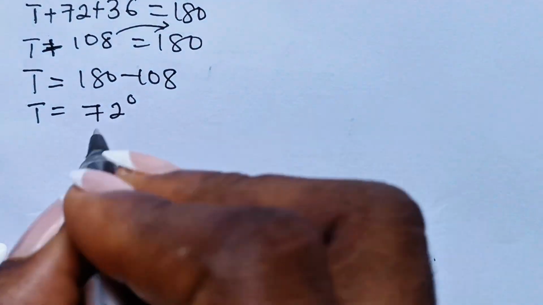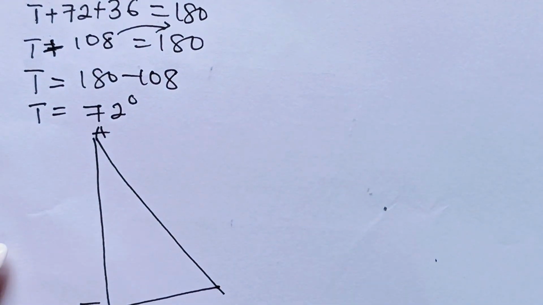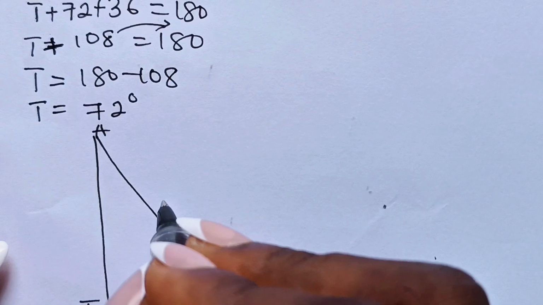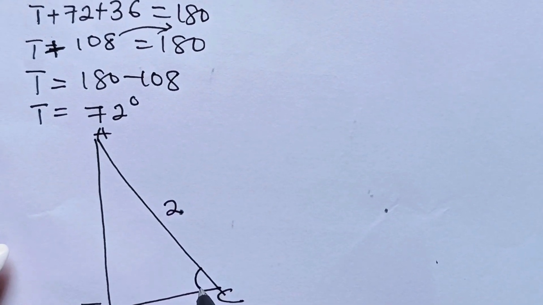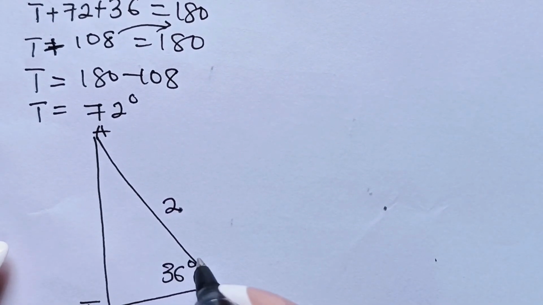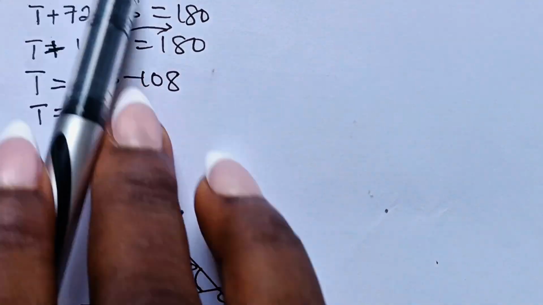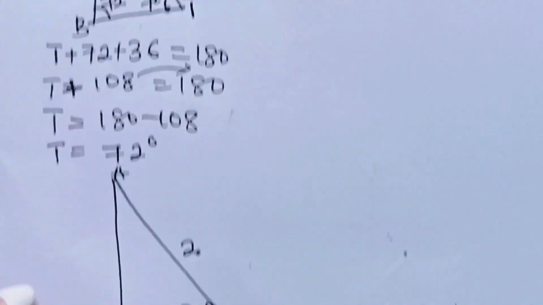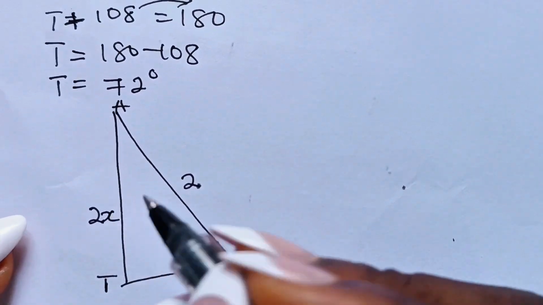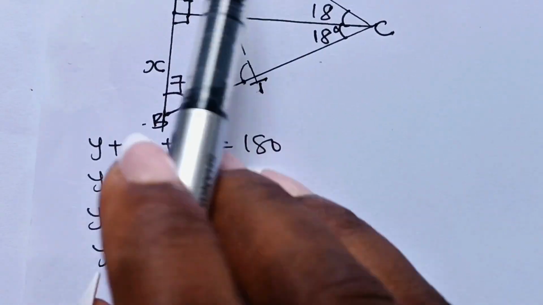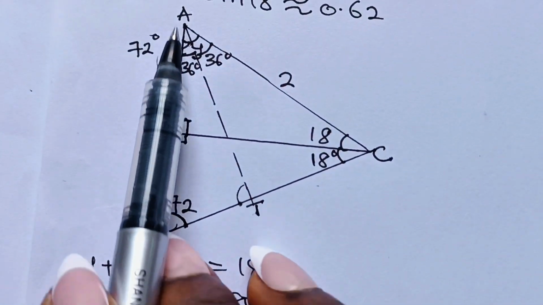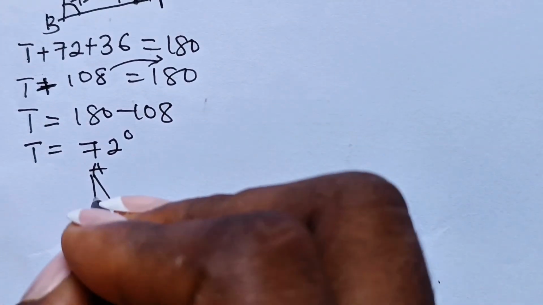So this is A, T, C, and AC is 2 and this is 36 degrees. Now this side, which is AT, we already have as 2x. So this is 2x, and angle A here is also 36, so we have 36 here.